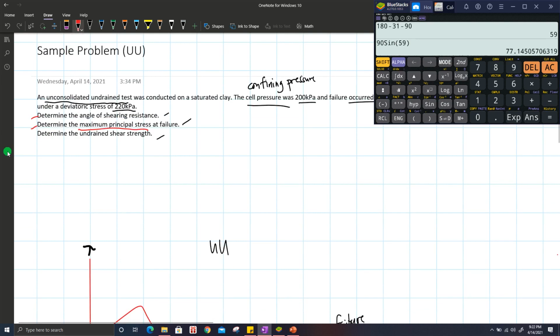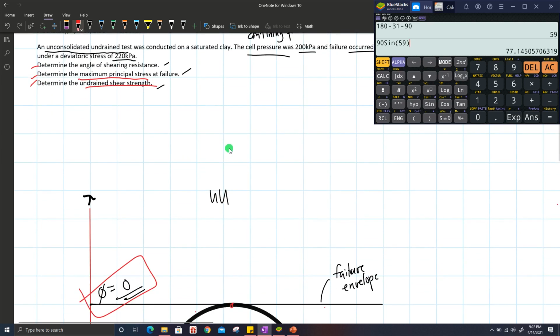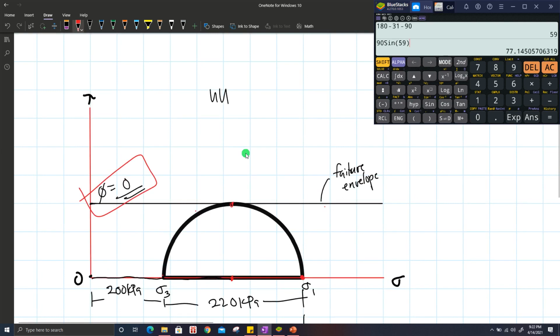For letter C, the undrained shear strength. So, yung undrained shear strength natin, syempre dito yung ating maximum shear. So, yun na din ang ating undrained shear strength natin, kasi yung tau max natin.